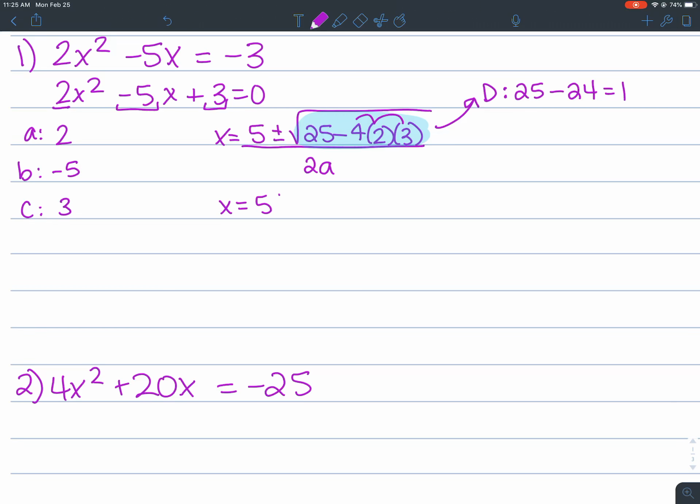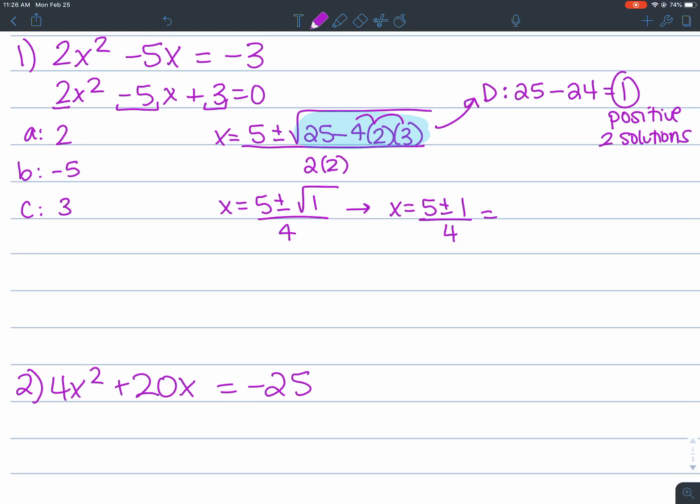So x equals 5 plus or minus the square root of 1 all over, oh, let's see, that's not supposed to be 2 times a, that's 2 times 2, which is 4. Okay, so because this is a positive value, I'm going to have two solutions. All right, now the square root of 1 is just 1, so we can say that x equals 5 plus or minus 1 over 4.